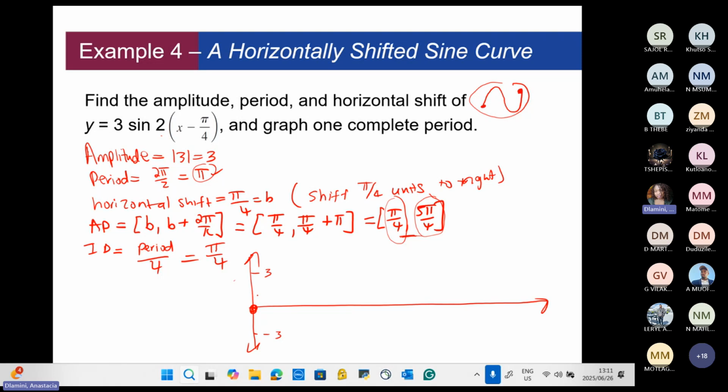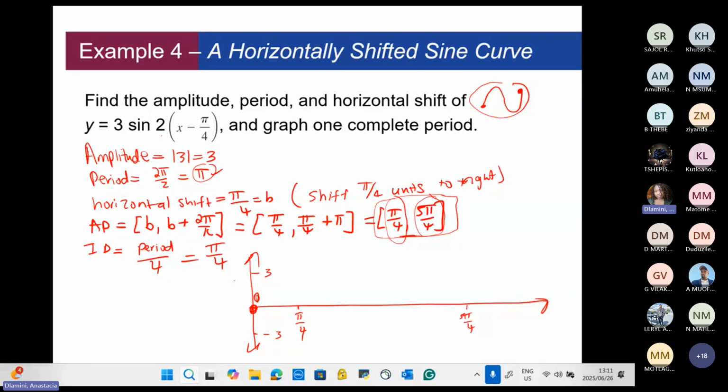But do I start at 0? Do I start at 0, guys? No. I start at my appropriate interval from which I complete one period. So I know my pi over 4 is here, and I have to end at 5 pi over 4 for one complete period.